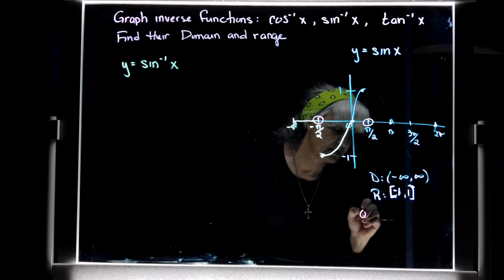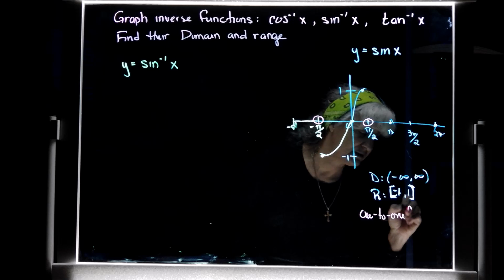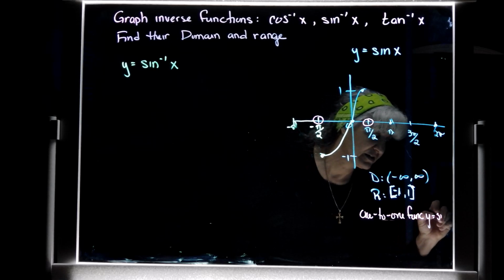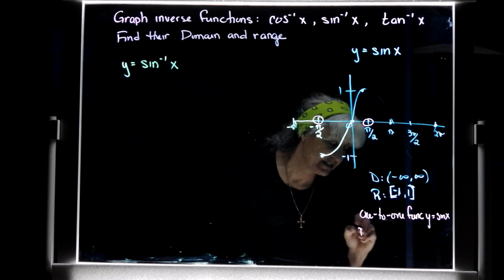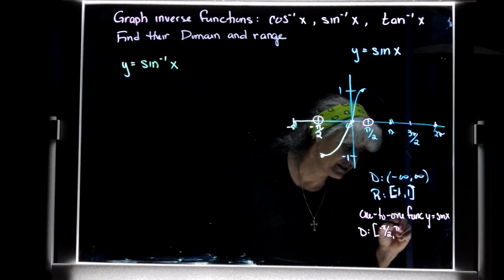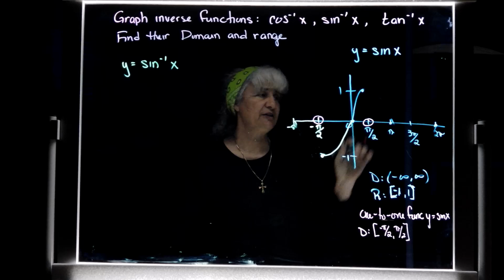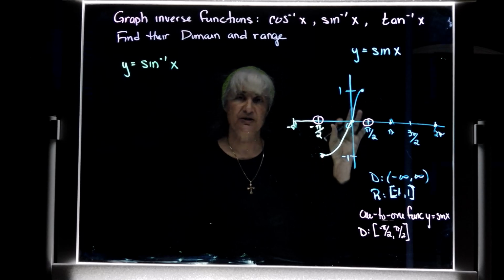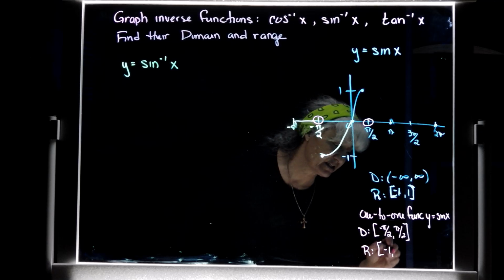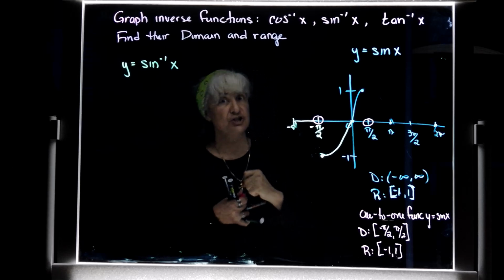Which means I need to limit the domain for the sine function to go from negative pi over 2 to positive pi over 2. I'm only going to deal with this portion of it, and it's going to be a one-to-one function. And the range isn't going to change. The range is still negative 1 to positive 1. I still get some positive and negative y's in there, which is good.